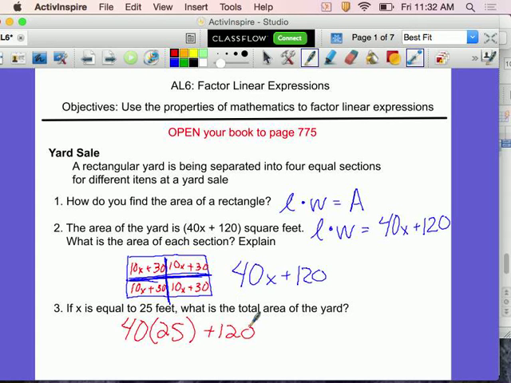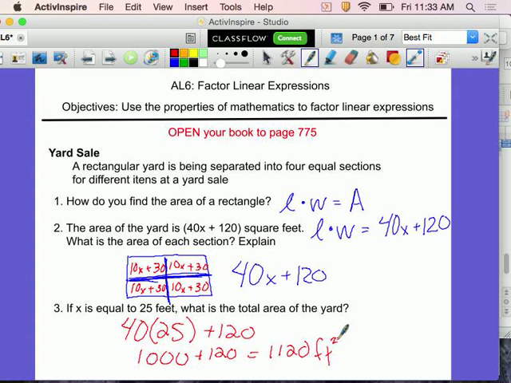So 800 and 200 is 1,000. Plus 120 is 1,120. What was it? Square feet. So I'm just going to use feet squared.